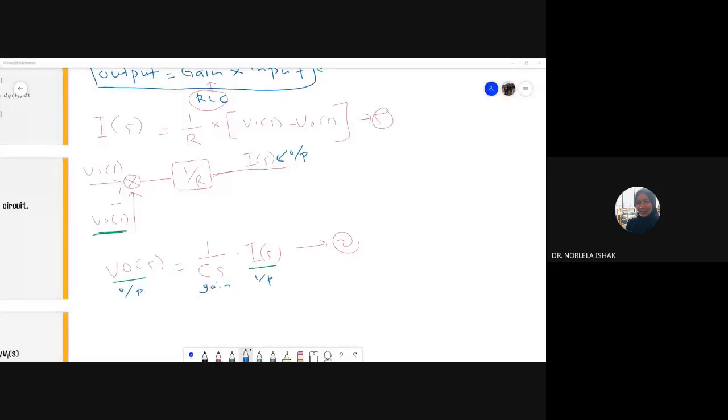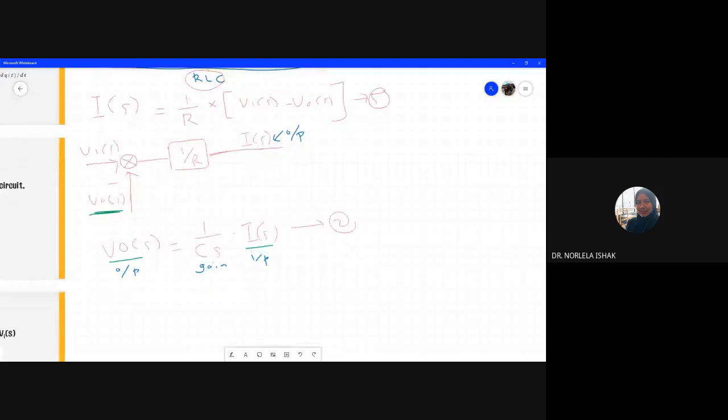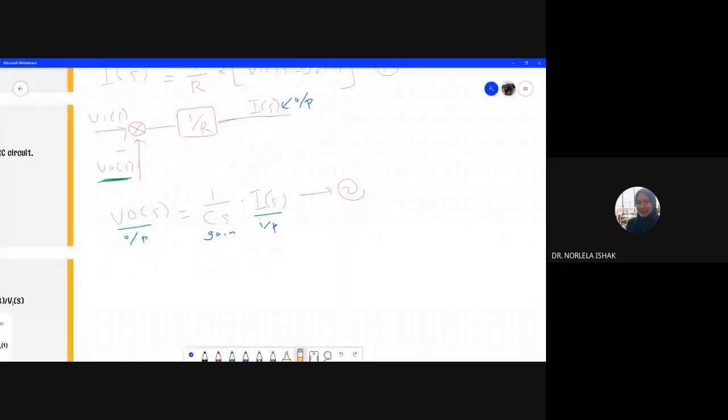Okay, so from equation number 2, we start draw the block diagram. How to draw the block diagram? It's your input. Okay, so meaning this is our input.